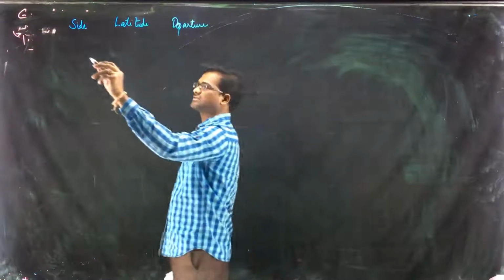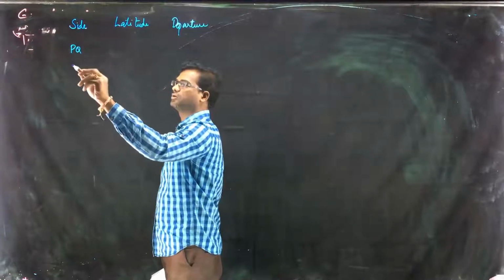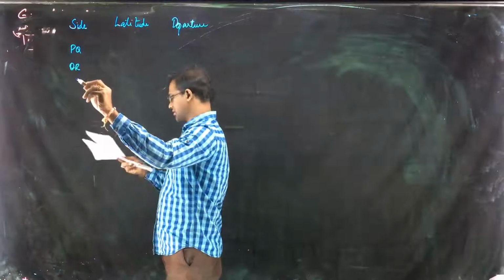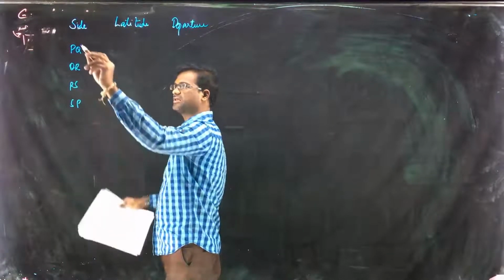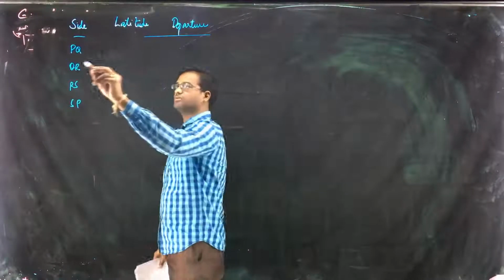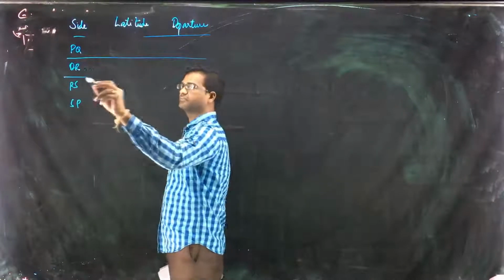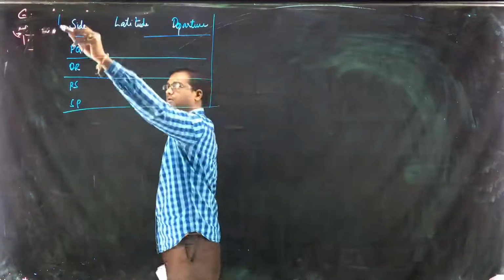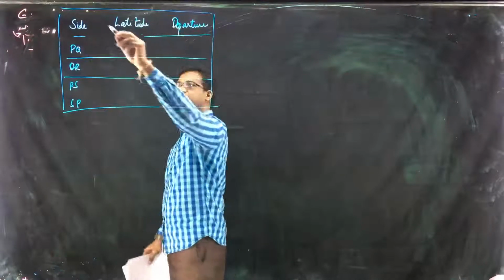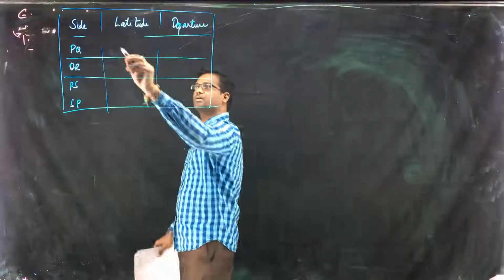So he said a survey of PQ, QR, RS and SP. These are the sides of the closed traverse survey. And so we got latitudes and departures.